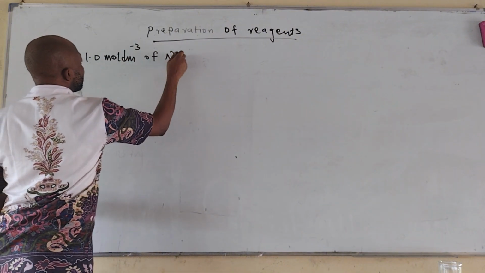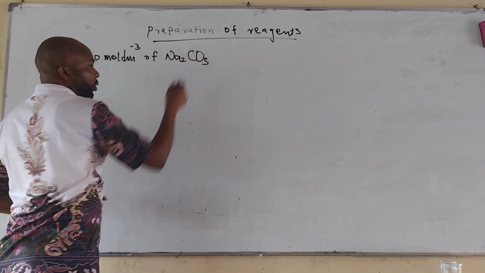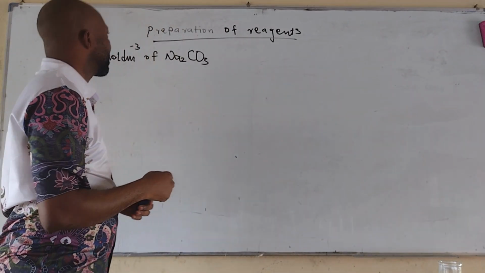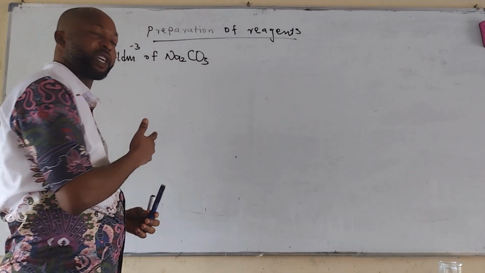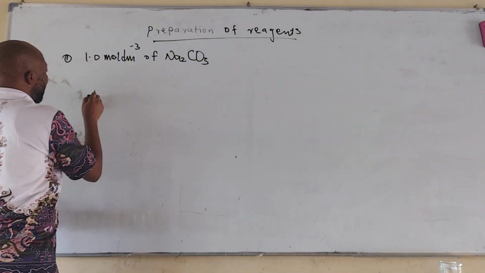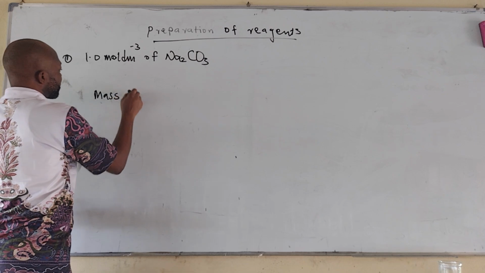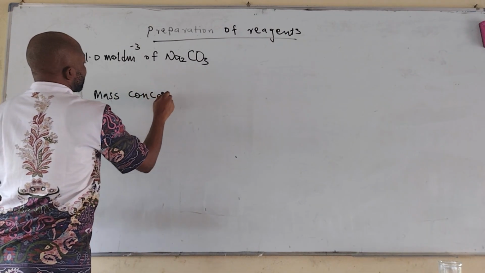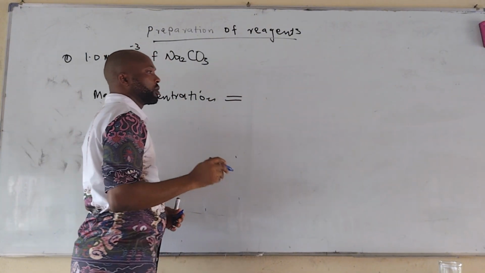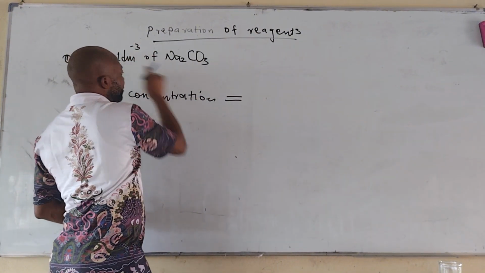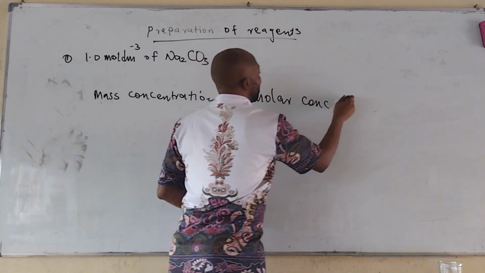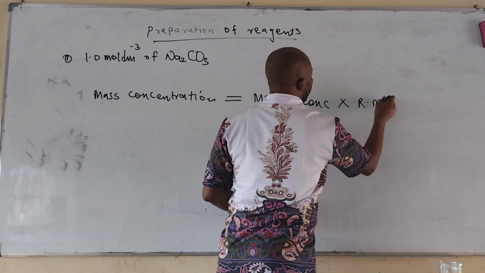of sodium trioxocarbonate(IV). In order for us to do this, remember I said we have a formula which we use in preparing solid samples. So I have my mass concentration, which is equal to the molar concentration, which is given here, times the relative molecular mass.